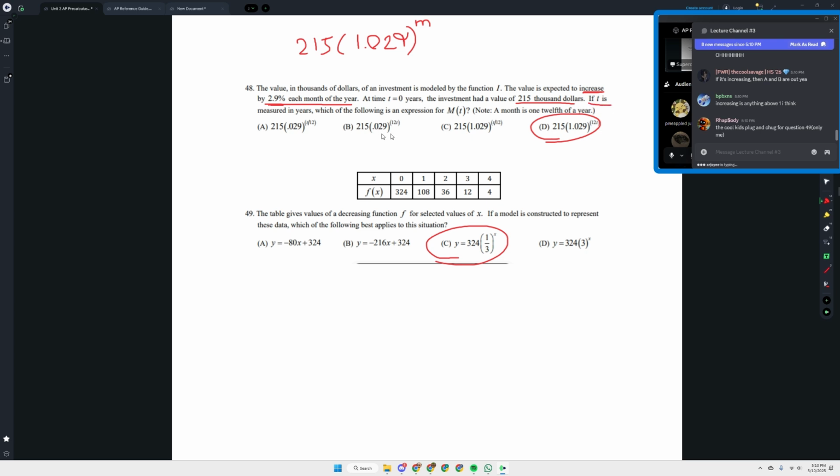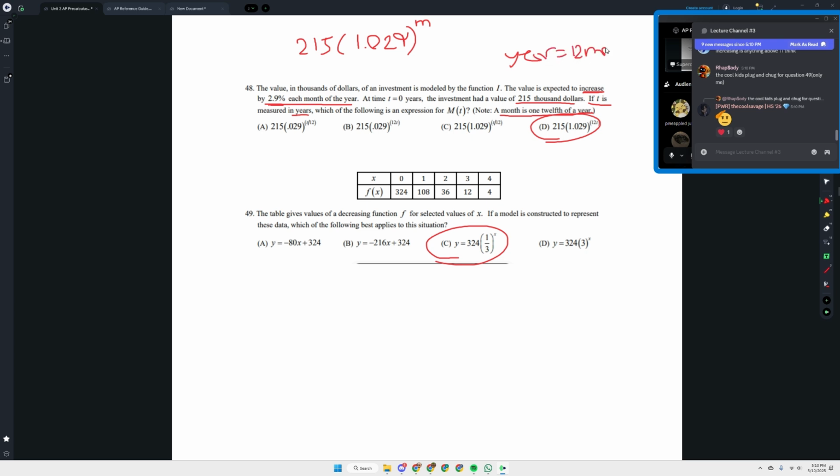Then it says if t is measured in years, and a month is 1/12 of a year. So you put year on the other side, which is equal to 12 months, pretty much. So we put 12m is equal to year, and then we replace that. So now this becomes 12 months, and that would be D.